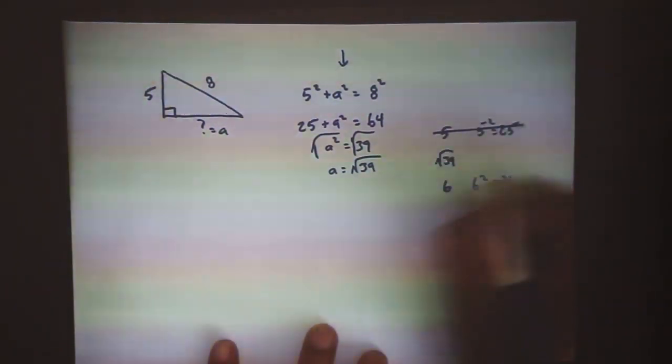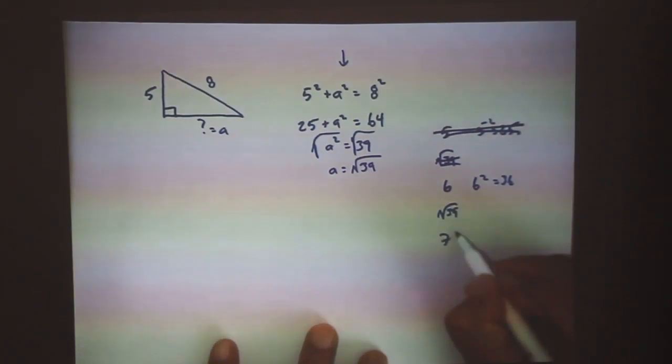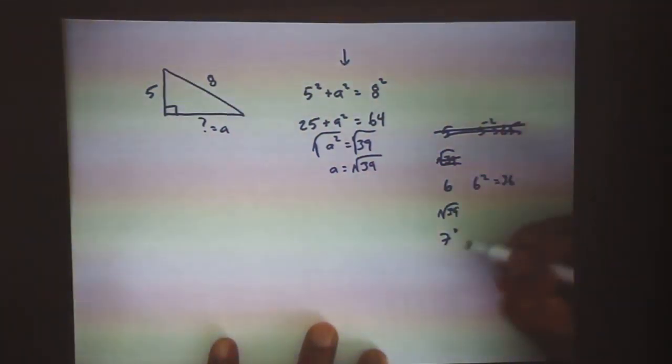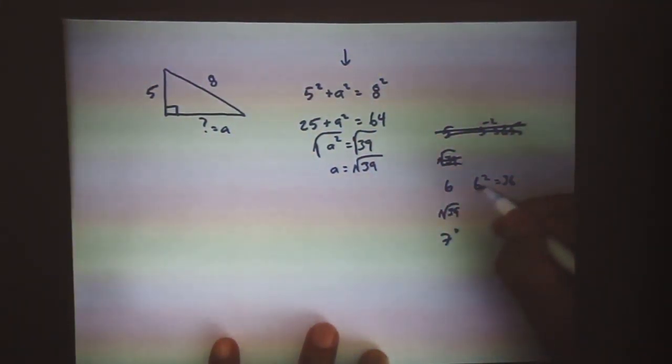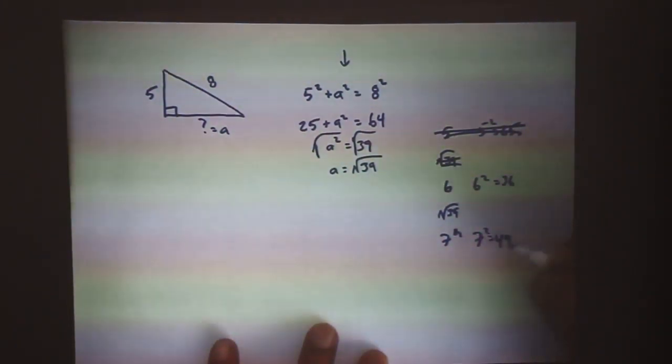No, I'm sorry. That should be somewhere between 6 and 7, rather. 6 squared is 36, and then 7 squared is 49.